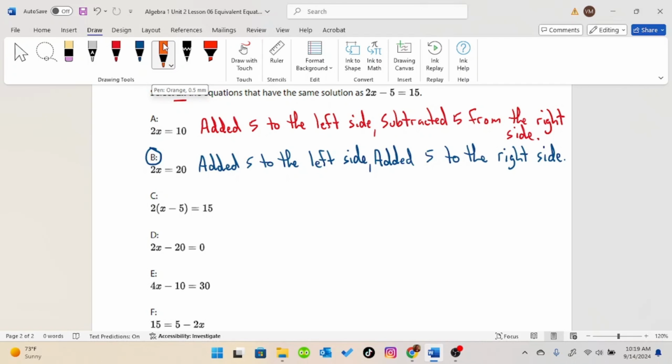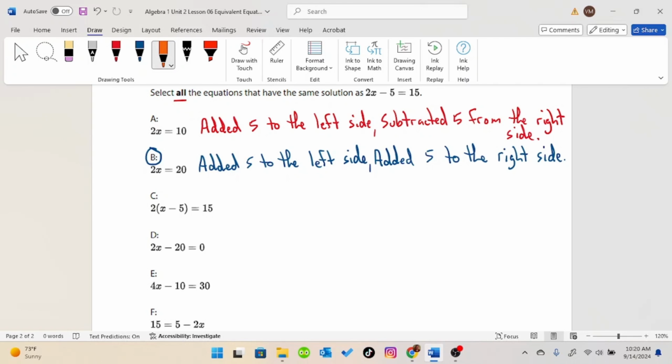Now we look at choice C. Here we can see that they divided 2x by 2 to pull it outside the parentheses, but then they still left the -5 the same.